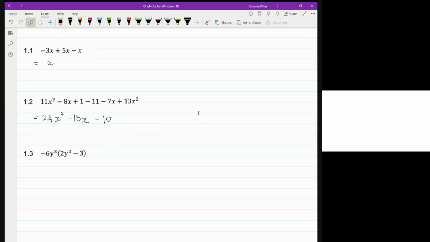Nobody wants to teach me today? I see you saying distribution. So I have to multiply this by this and this by this. But now I'm still confused because what the heck is the answer to 6y cubed times 2y squared? How do I do that?